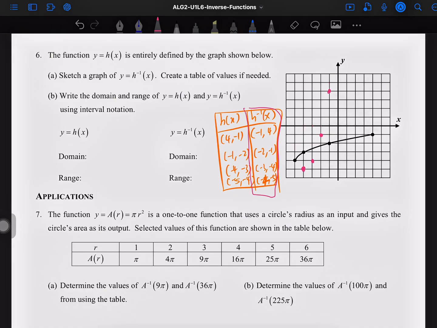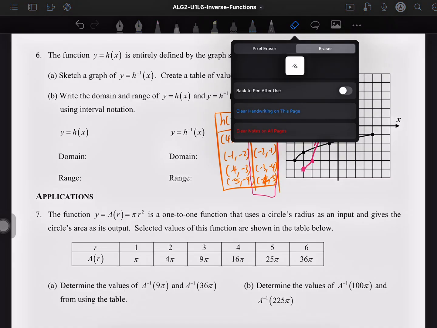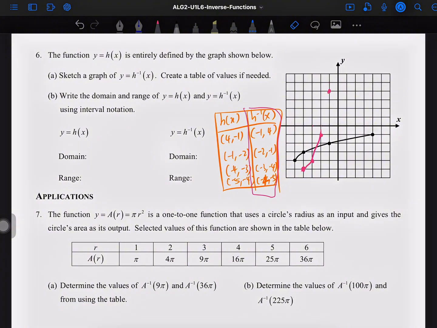So it will look like that. Draw a nice one.